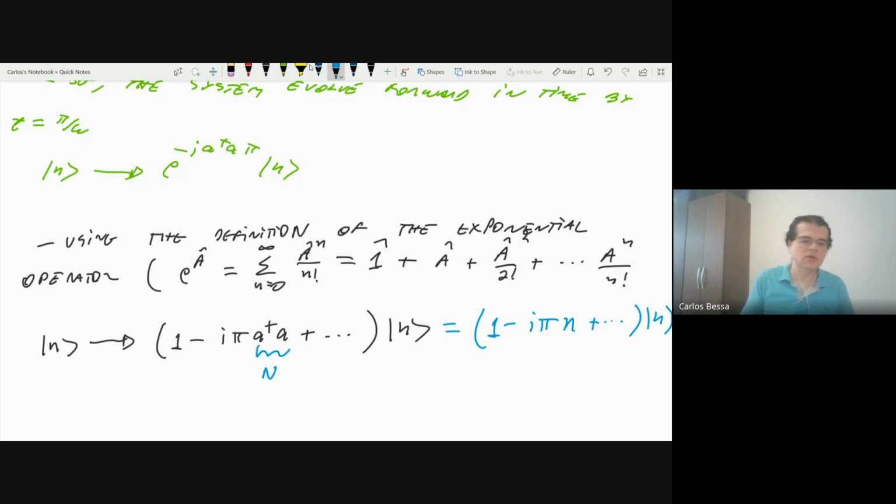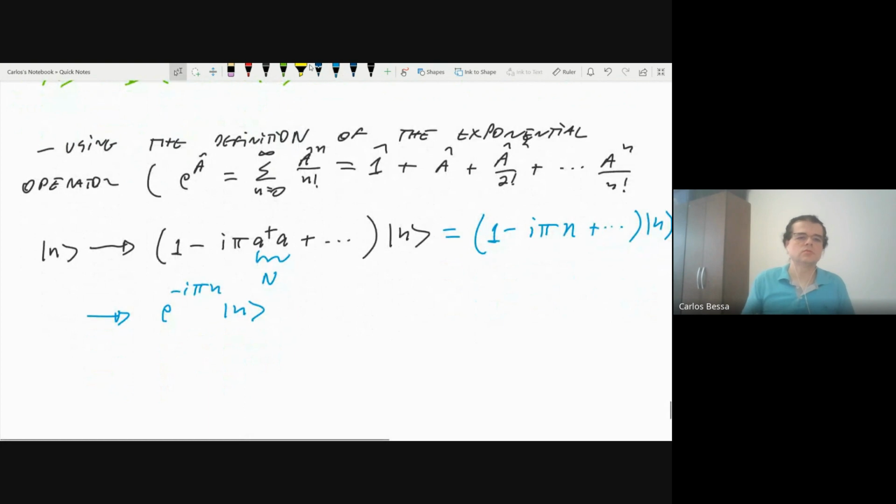And this will be just the exponential of minus i pi n applied to n. Okay? So n evolves in time with that step, with period of time pi over omega, where omega is the frequency.